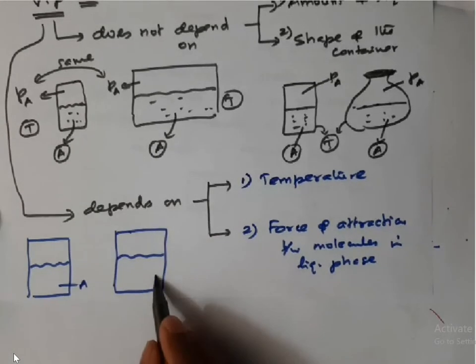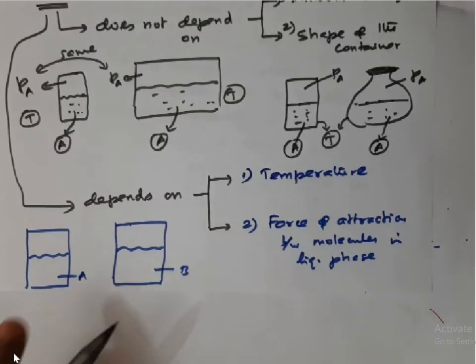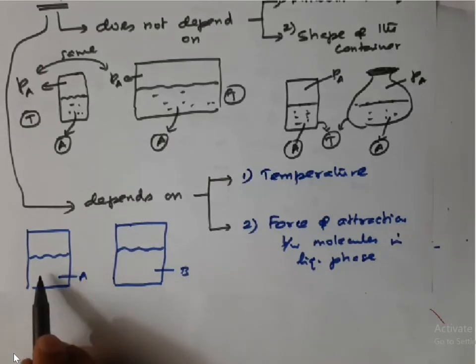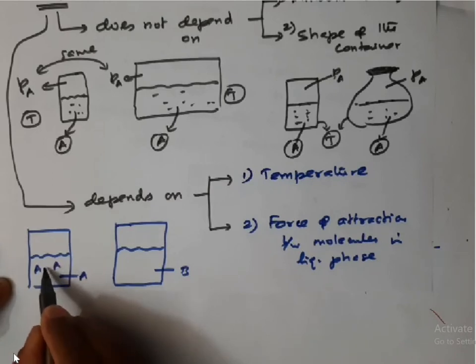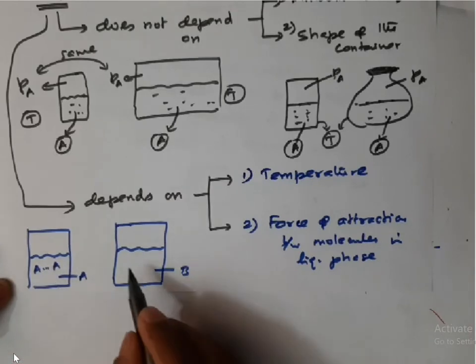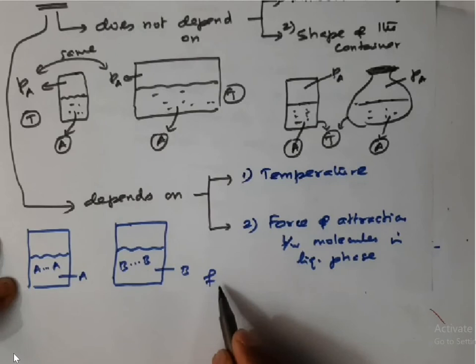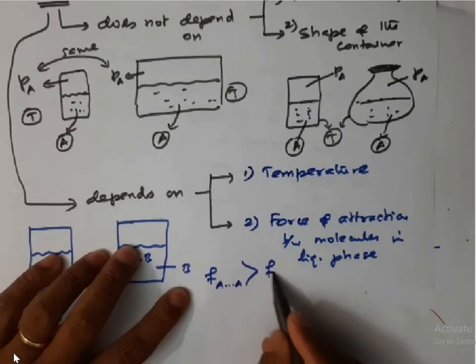I am taking the same amount of both liquids: here 1 liter of liquid A, and here also 1 liter, but liquid B. Let us assume the attraction between AA molecules, and here the attraction between BB molecules. Suppose the force of attraction between AA is greater than the force of attraction between BB.